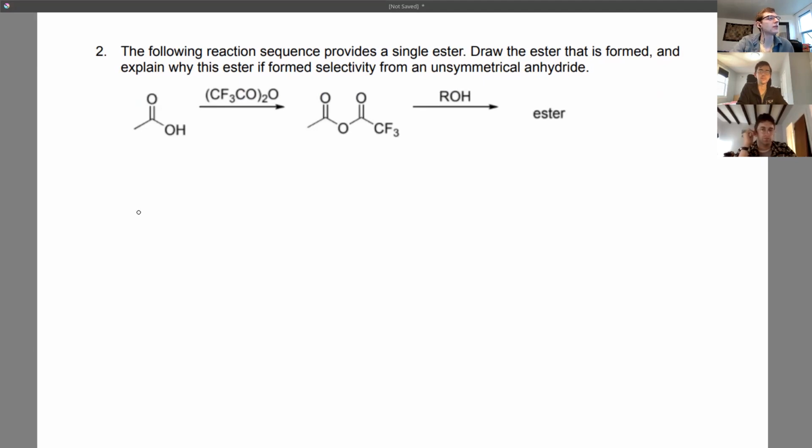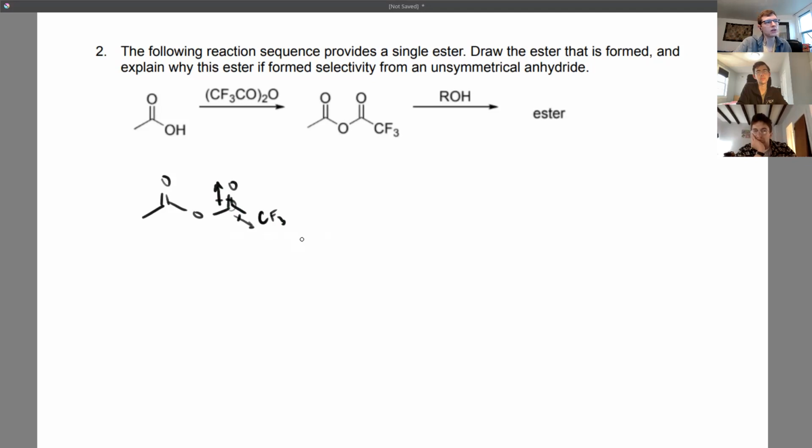Yeah, I guess let's think about this one. Here we go, right? So here we have electrons being stolen this way, and yeah, electrons also being stolen this way too, which should make this carbon more positive.